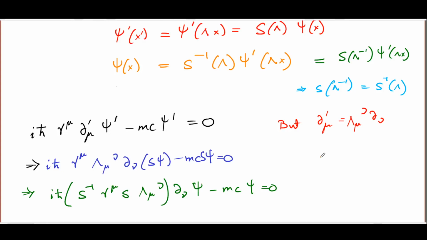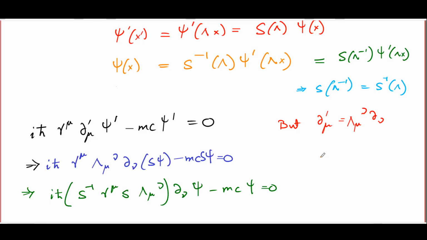To figure this out, we plug in psi prime equal to S psi in the transformed, or the O prime frame's Dirac equation, i h cross gamma mu del prime mu psi prime minus mc psi prime equals 0. Here we plug in psi prime equals S psi, but also note that the new derivative del prime mu is related to the old derivatives del nu by lambda lower mu upper nu del nu.